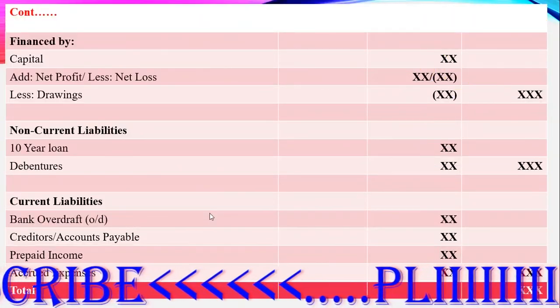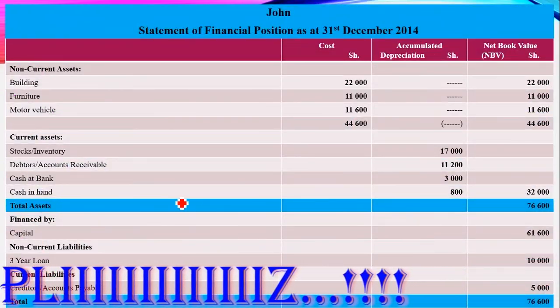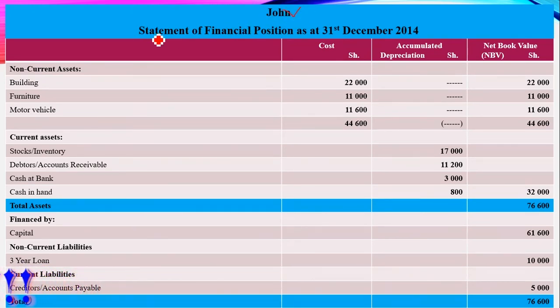So in our illustration here, when we prepare this statement of financial position, this is the statement for John, the statement of financial position as at 31st December. So it means the business of John had these items as at 31st of December. When you go there on 1st, maybe they are going to acquire new stock, maybe they are going to make some sales, so the position will not be the same.